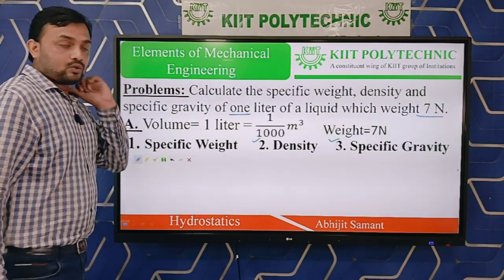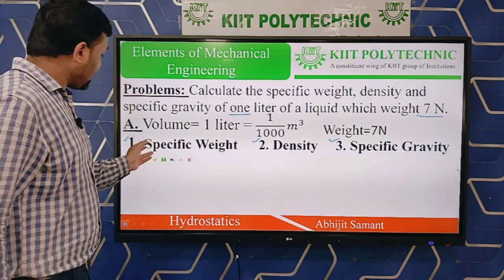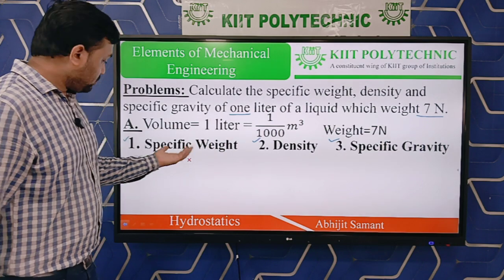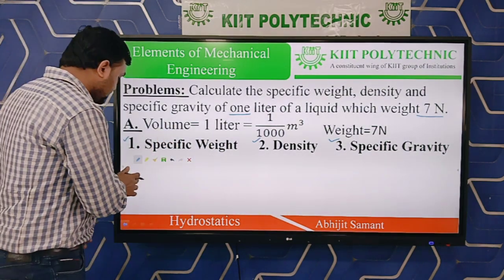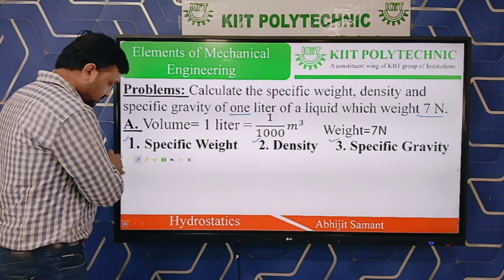So when we are going to derive the specific weight, we know the formula. We discussed it in the previous slide.